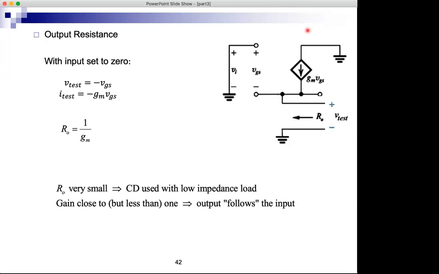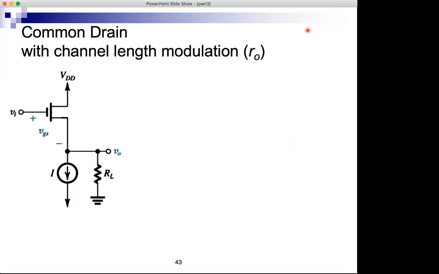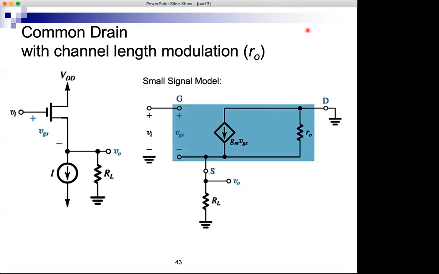Okay, so let's introduce small RO now. We can repeat the analysis with small RO. The small signal model will be the same, but we will have a small RO here. It should not change things dramatically, because RO is also from the output. This is the output at the source.